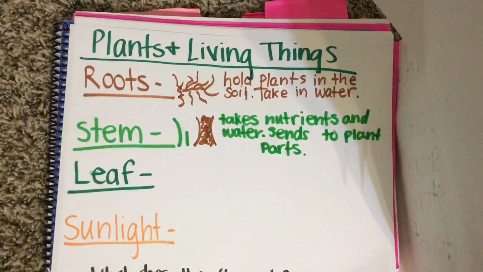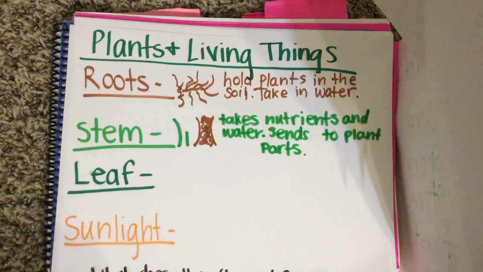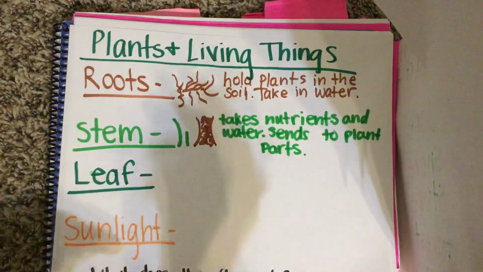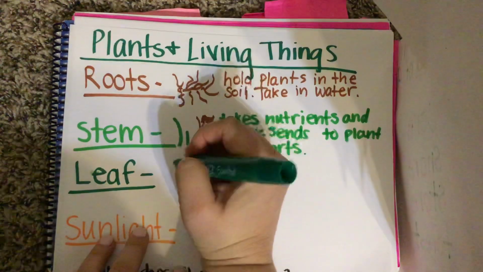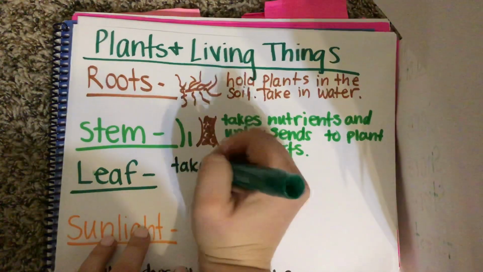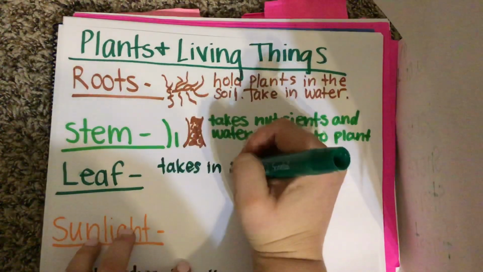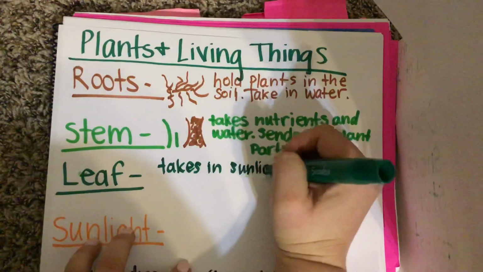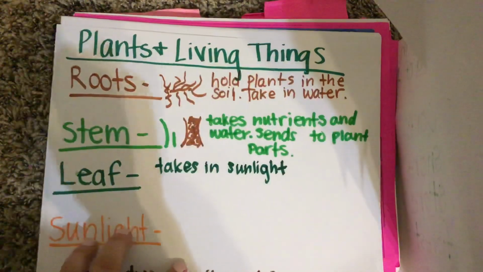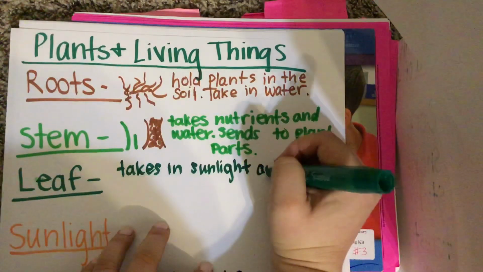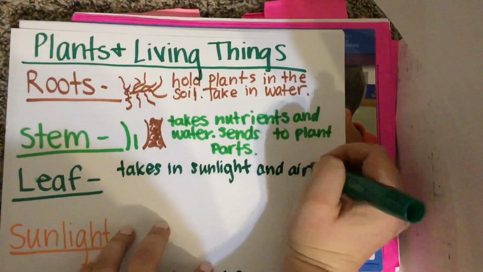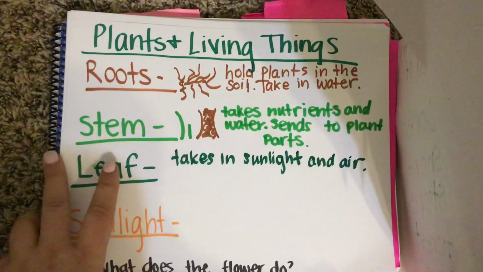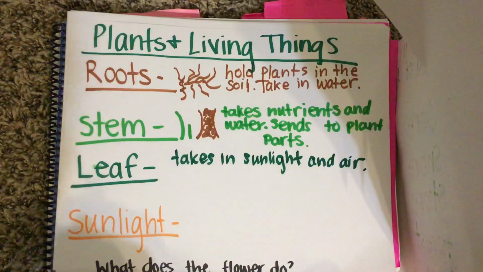Leaf, or leaves. Many plants have more than one. The leaves are super important because they take in all the sunlight. We know that plants need sun to grow and stay healthy, so it absorbs or takes in sunlight and air, and then it takes that sunlight and air to the plant to help make food.